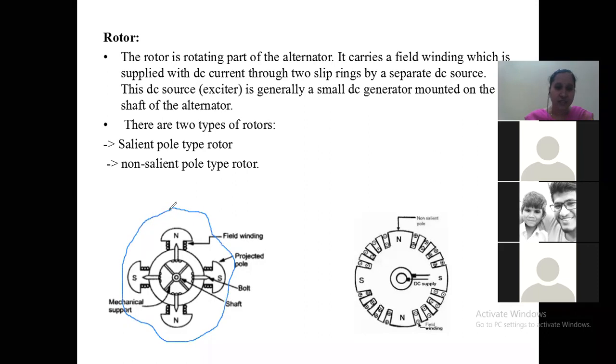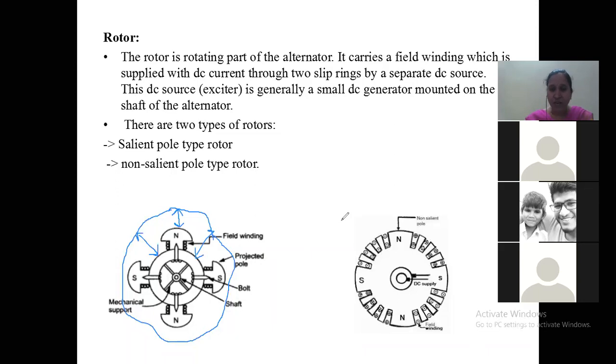Actually, it's a circular one. I'm not able to get a regular circle here. So you can see here the air gap here is more. Air gap here is somewhat less. So non-uniform air gap we are going to get.